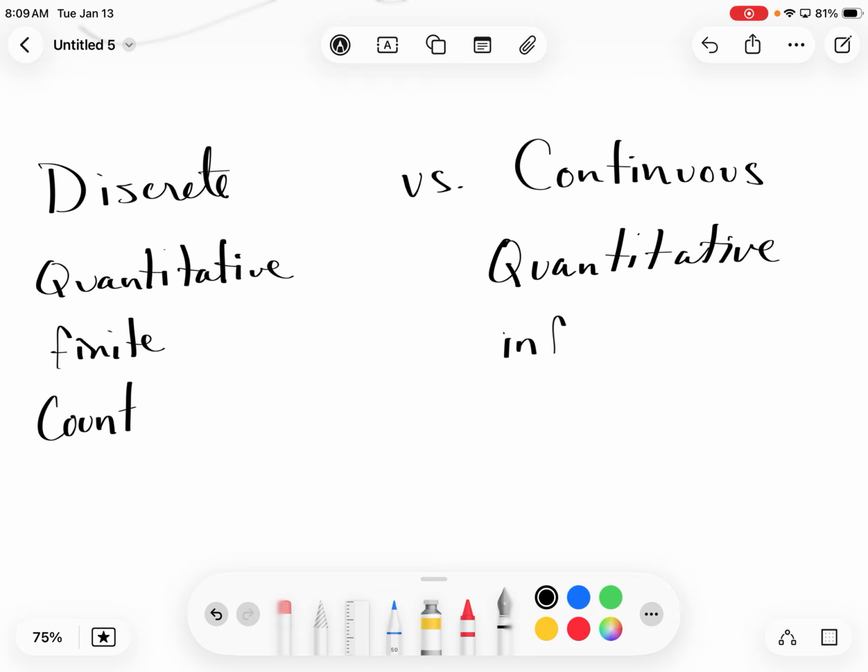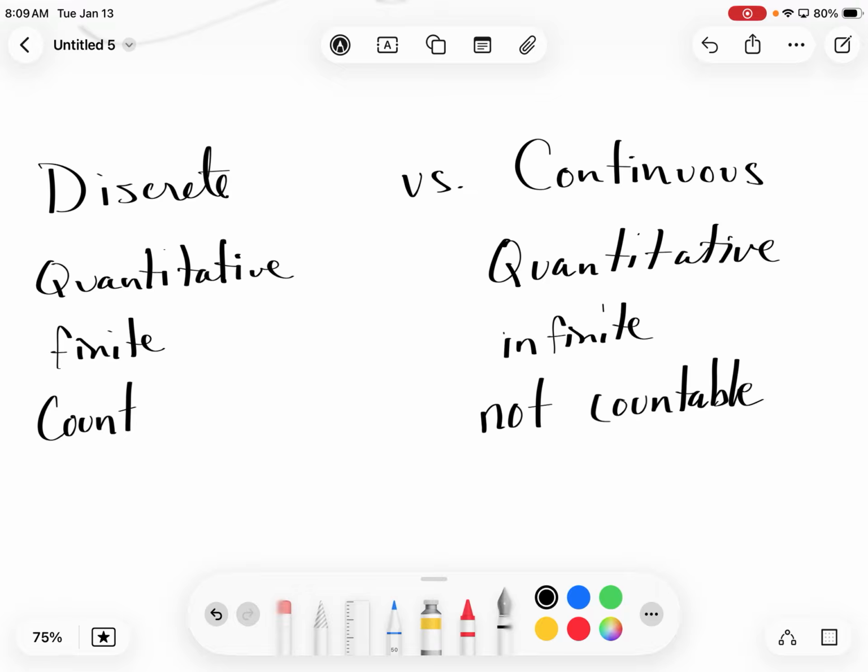So that's the difference between them, something that you cannot physically count. And if I asked you to define continuous before I read those definitions, would you agree that's probably something you would have thought? Yeah, that it probably does go on forever.